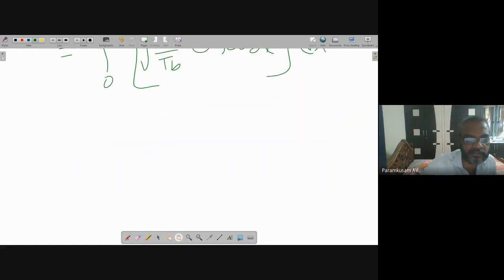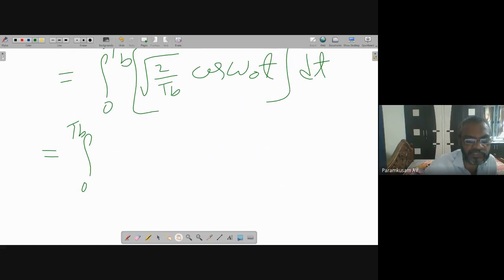Then this is equal to integration 0 to Tb, root over 2 by Tb whole square means 2 by Tb, 2 by Tb cos square omega naught t dt.